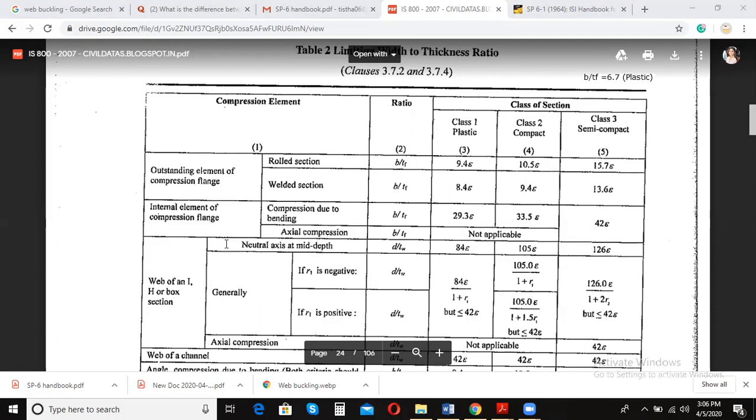Since the neutral axis of our beam section is lying at the mid depth, we have to calculate the D by TW value, and we have to compare the D by TW value with these three terms, that is 84 epsilon for plastic sections, 105 epsilon for compact sections, and 126 epsilon for semi-compact sections, right? So what is the D by TW value coming?